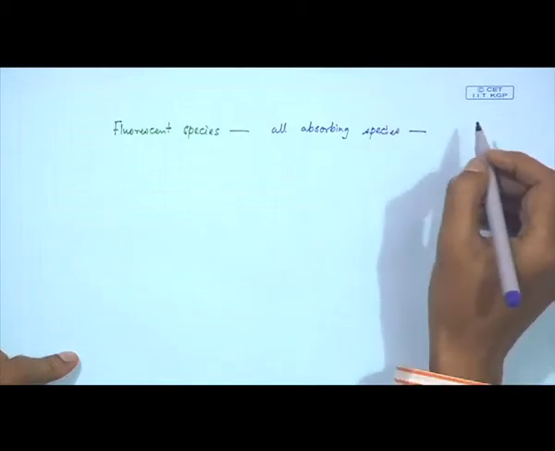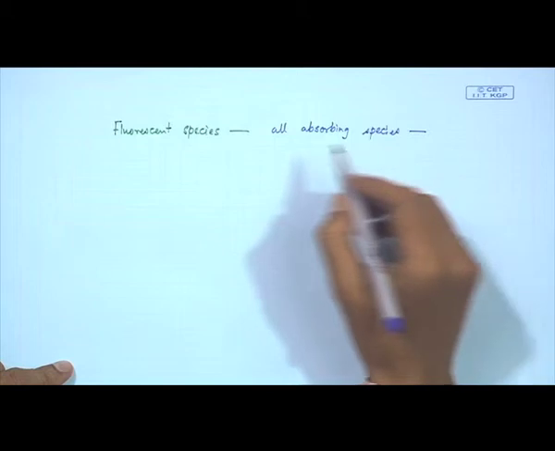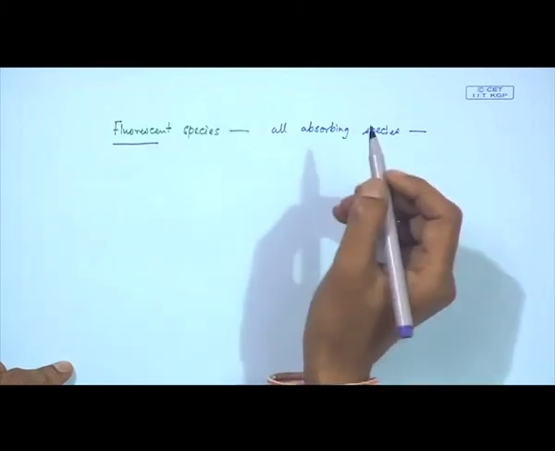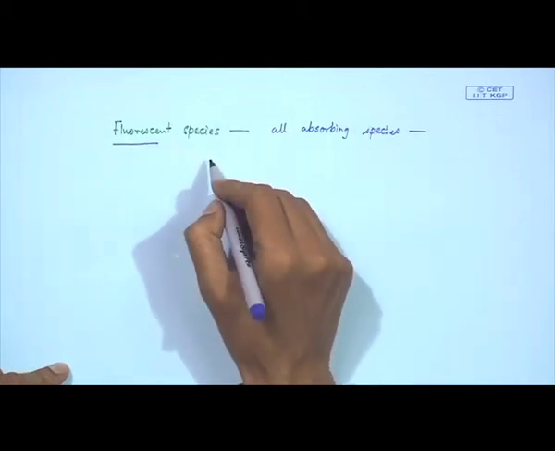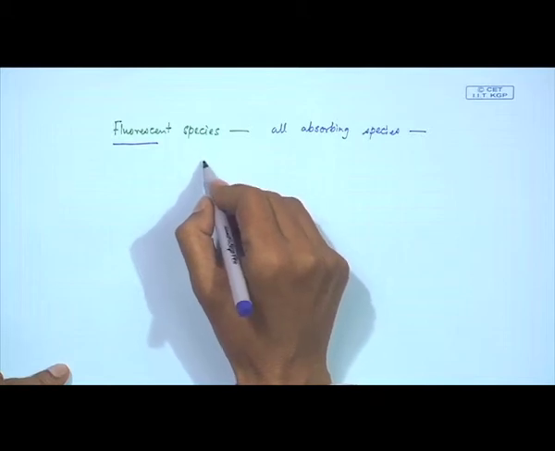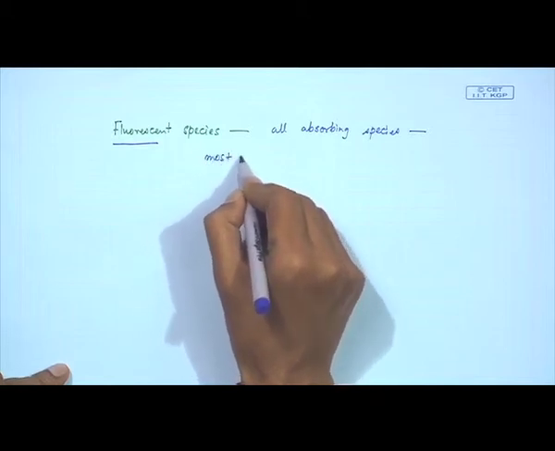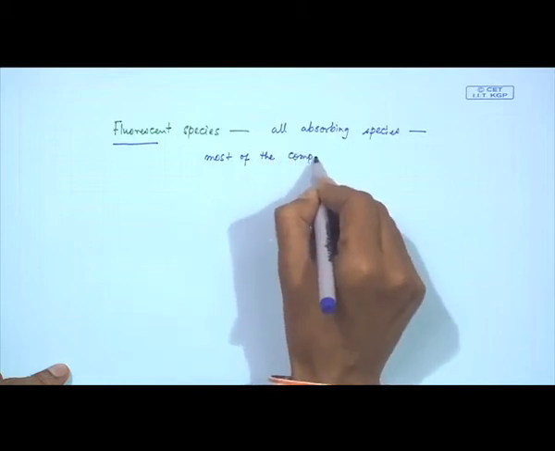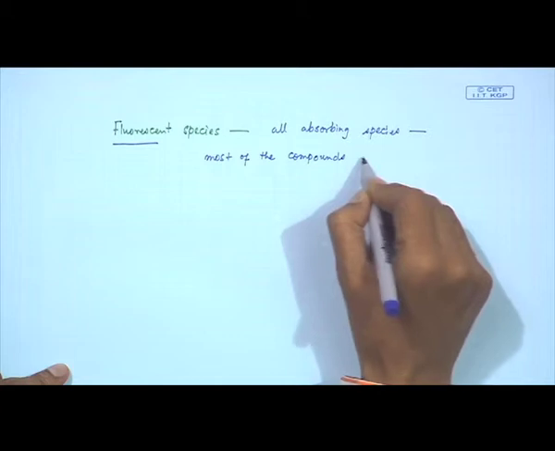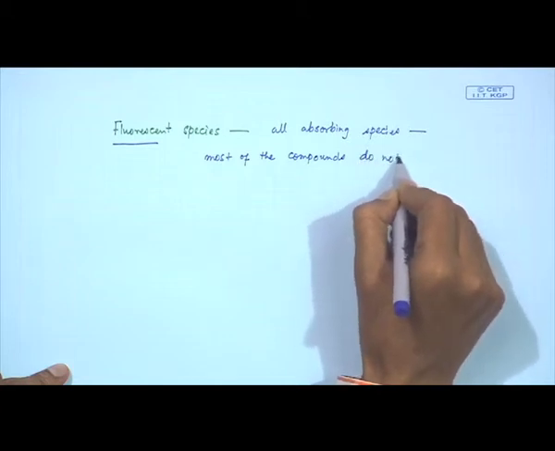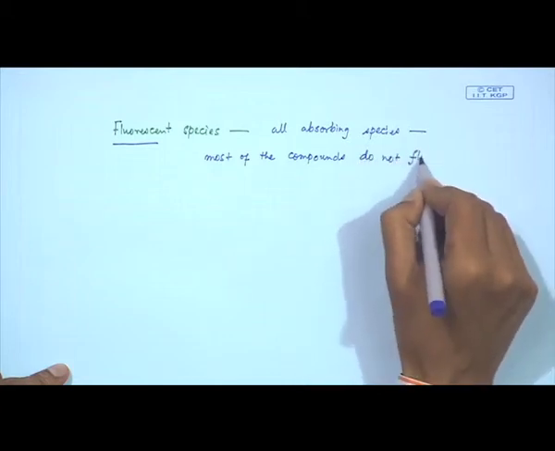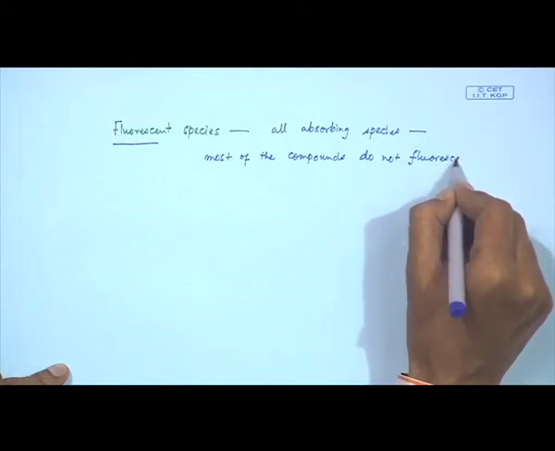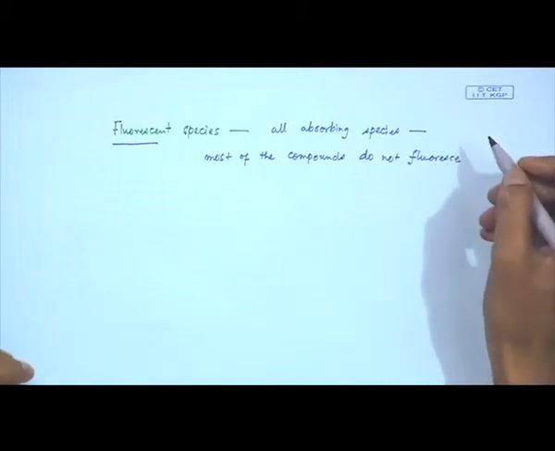So, all absorbing species have the potential to fluoresce basically, but not many compounds do; most of the compounds do not fluoresce. So, this technique is not very applicable to all compounds.